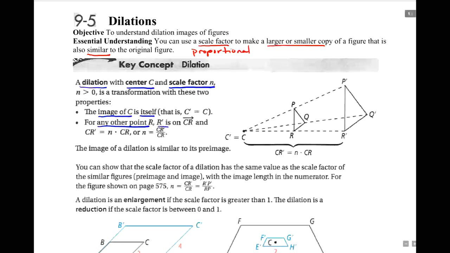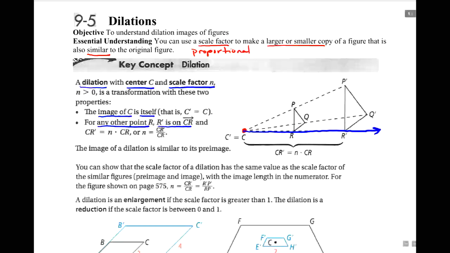All right, for any other point R, R prime is on ray CR. Okay, let's find that. So we have our center here at C. If you are point C, then you simply become C prime. If you are not on point C, then we have this ray CR. This ray goes out like that.